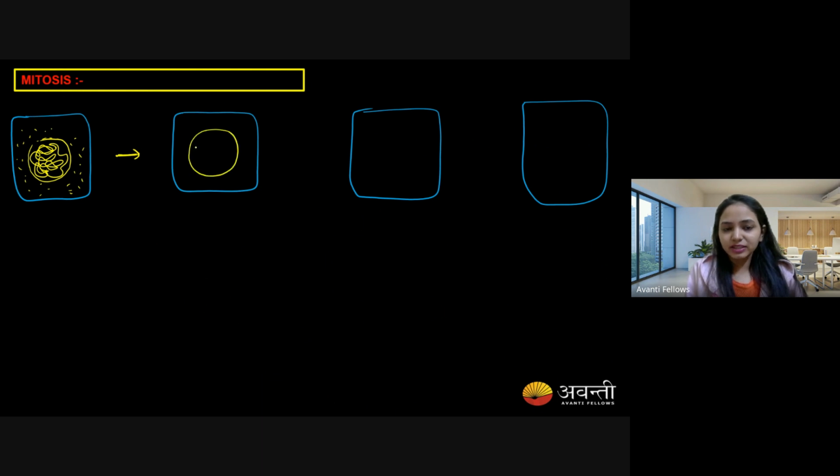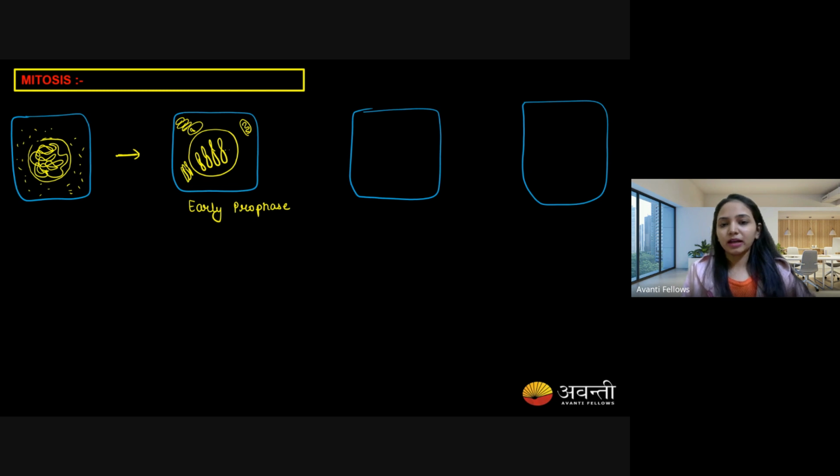Nuclear membrane is as it is, and it starts condensation. So we can call it early prophase. There is mitochondria. There is Golgi apparatus. Golgi apparatus भी यहाँ पे है. There is endoplasmic reticulum also.